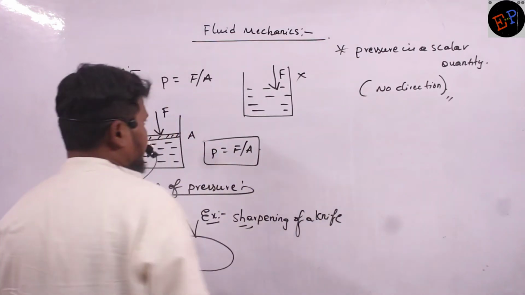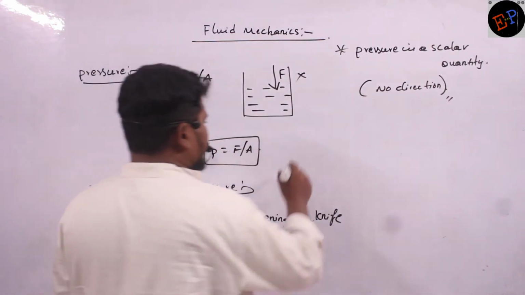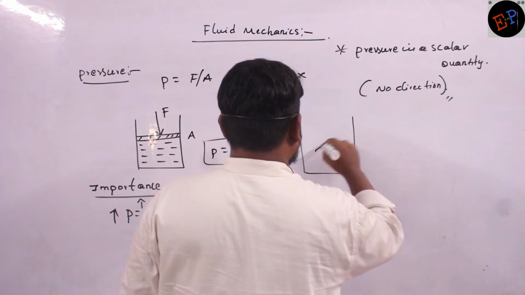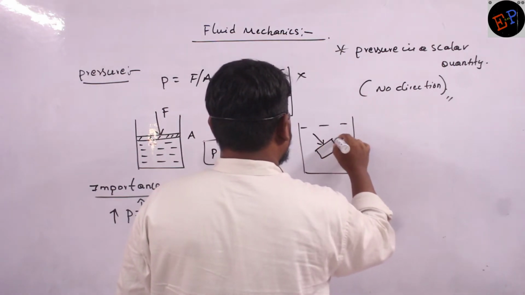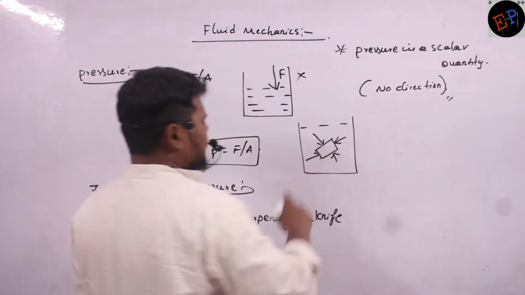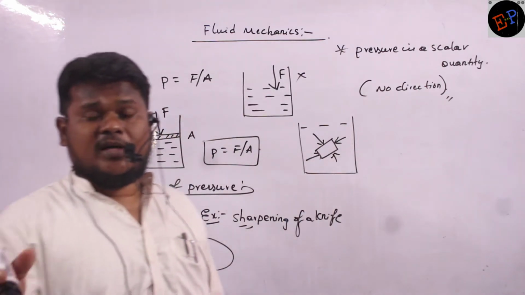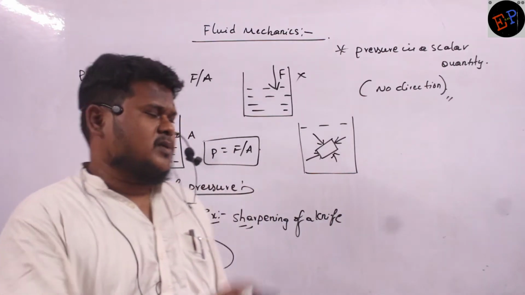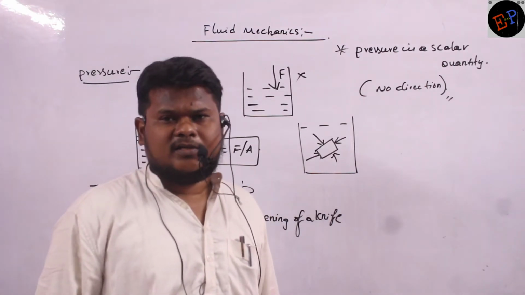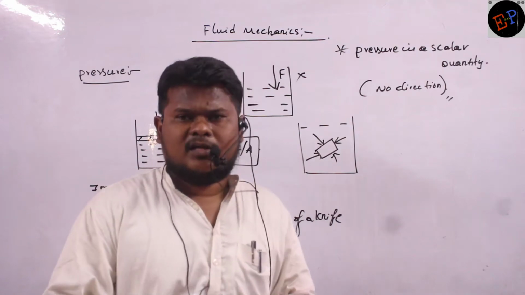What is the reason? Already we have studied: if a body is present inside water, force is acting in every direction. So how can you say that pressure is acting in only one direction? Force due to pressure acts in every direction. Therefore pressure does not have a particular direction, so it is a scalar quantity.